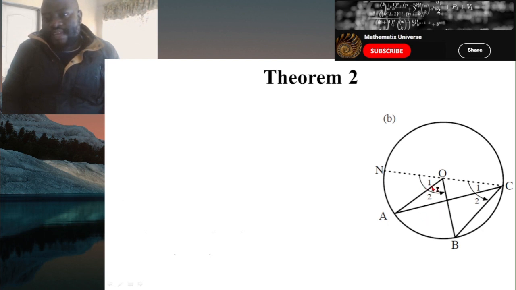O1 will be the acute angle out here, but O2 will be the whole angle from line ON to OB. And then on this side, C1 will be this small acute angle in here, and C2 will be the whole angle from OC to BC. Then the proof will follow like this.